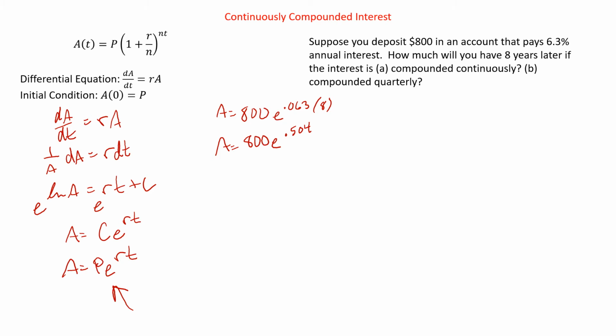And just like every time before, I'm using whatever numbers are in the calculator. This number is going to be 1.655 blah, blah, blah. I'm not going to retype it, I'm just going to use what's there. So that times 800 gives us 1324.26.